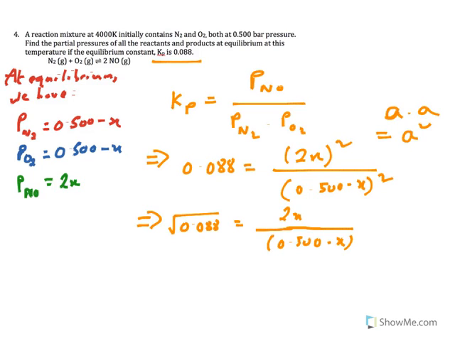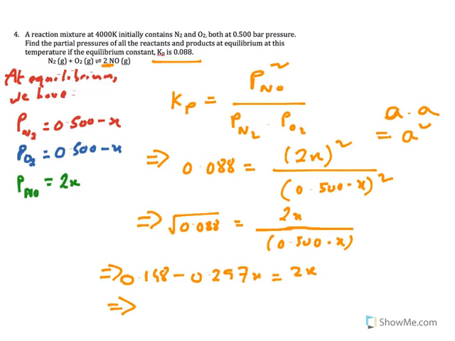This is no longer squared because we already have the coefficient 2 with nitrogen monoxide, so the square got cancelled out with the square root, so we only ended up with 2x and 0.500 minus x. Now cross multiplying, we end up with 0.148 minus 0.297x, and that is going to be equal to 2x.